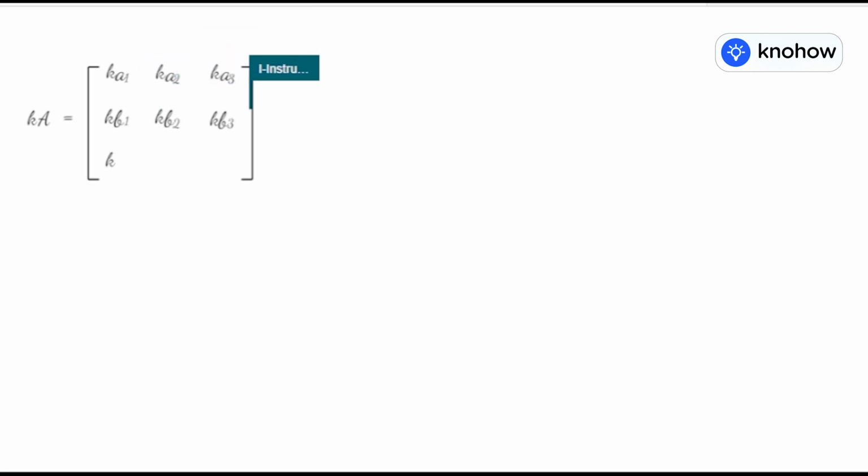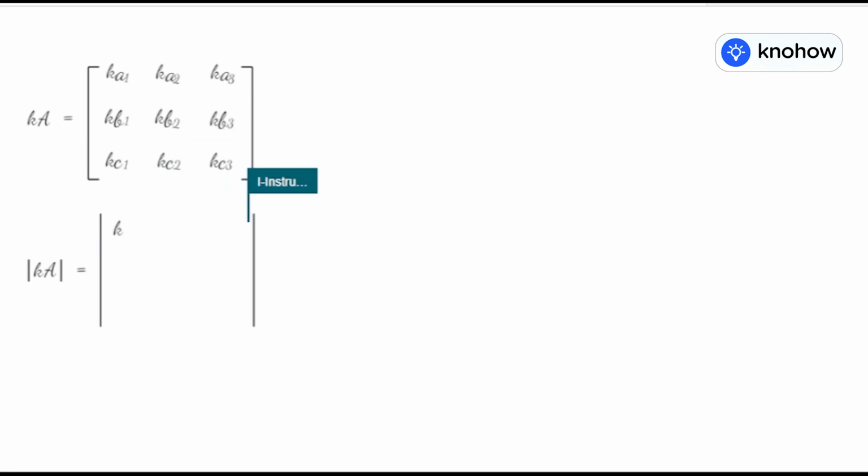This is your matrix kA. So what is determinant kA? Determinant kA is the determinant of ka1, ka2, ka3, kb1, kb2, kb3, kc1, kc2, kc3.